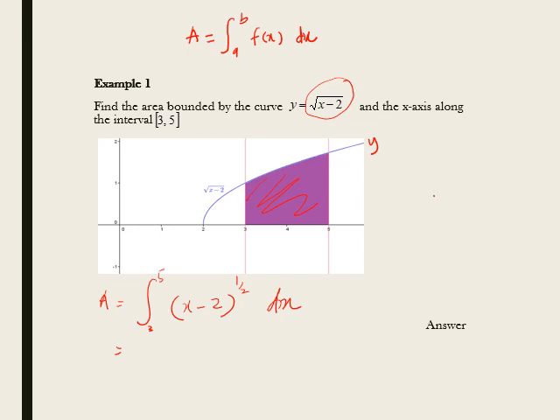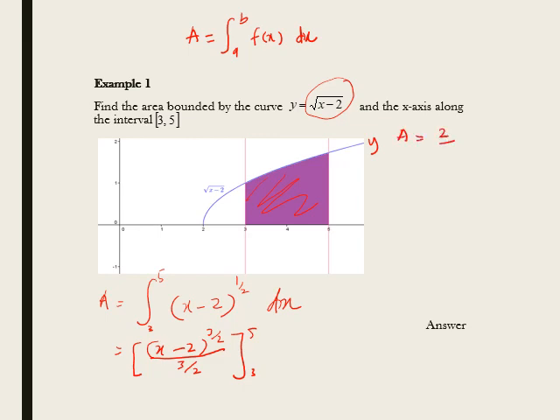So now let us integrate this. (x minus 2), 1 over 2 plus 1 will be 3 over 2. Divide by 3 over 2. The function is from 3 to 5. Okay, so now before we substitute the limit, I continue here. Maybe you can simplify.